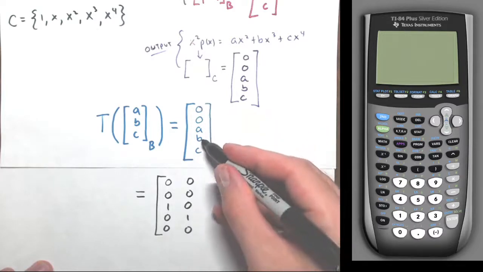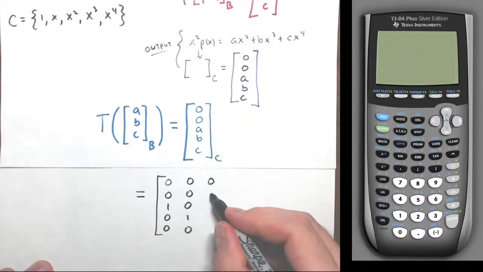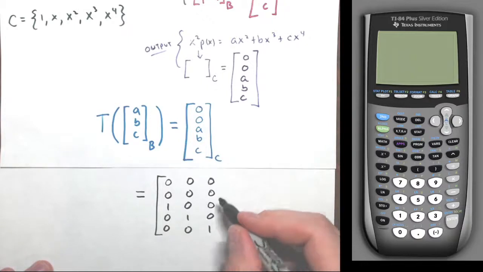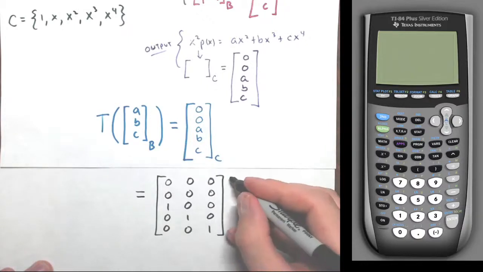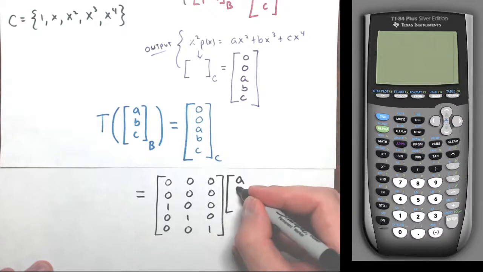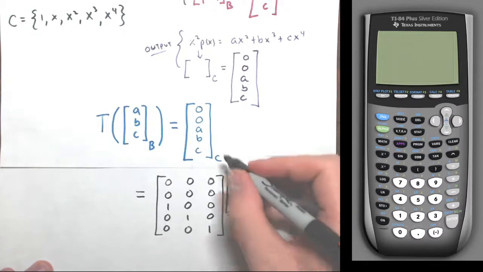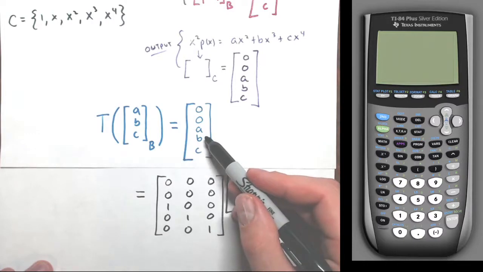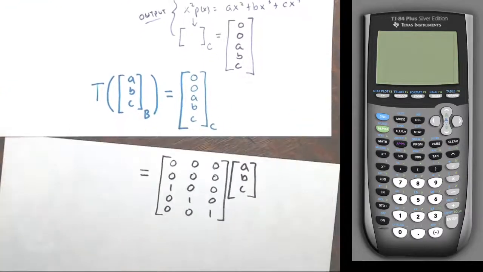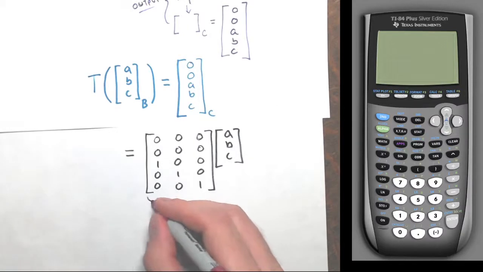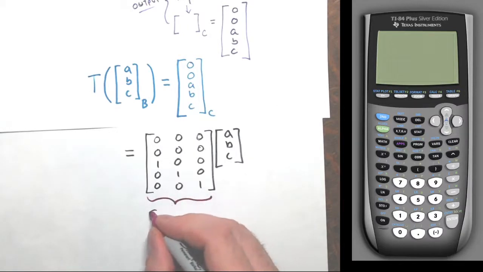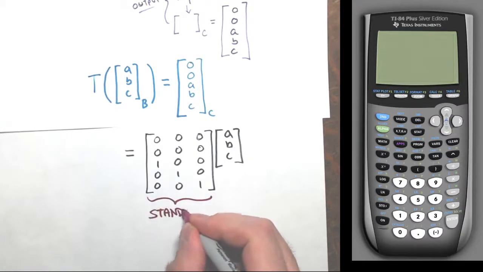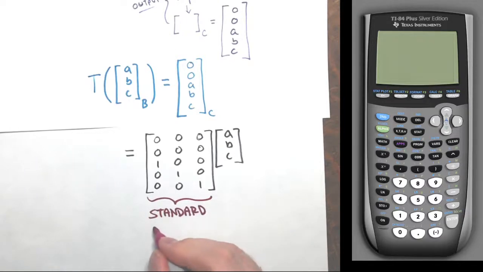Then the coefficients of c: 0, 0, 0, 0, 1. There's your 5-by-3 multiplied by the input vector a, b, c. Multiplying these two matrices would give me this 5-by-1 matrix here. Here's the standard matrix, this 5-by-3. There's the standard matrix for this transformation.